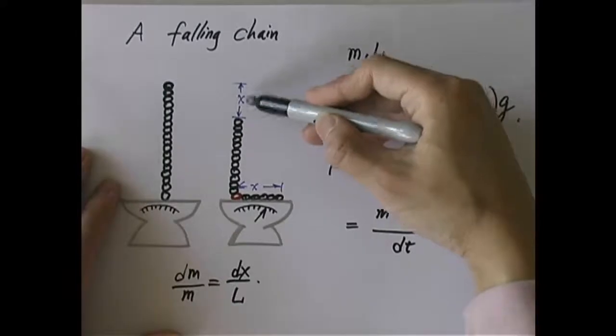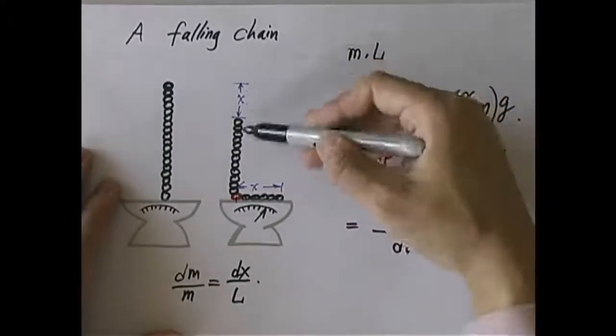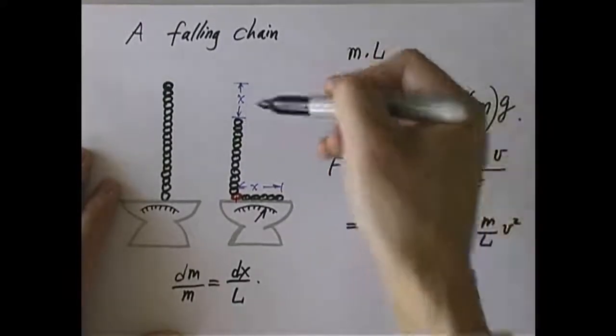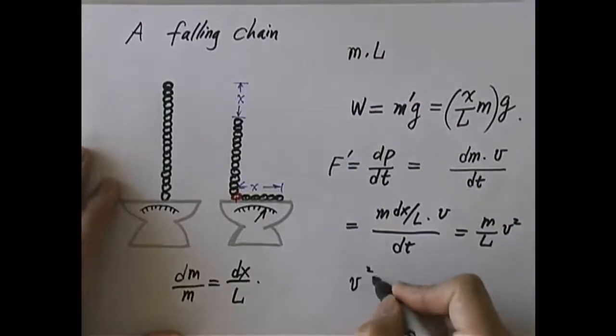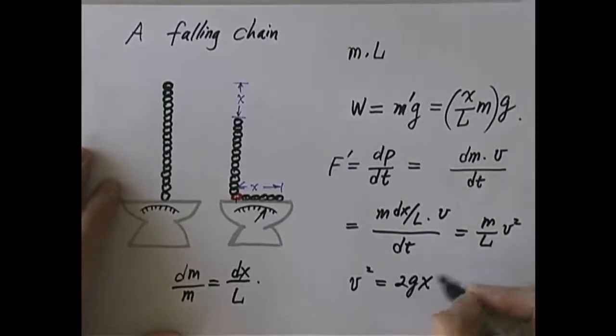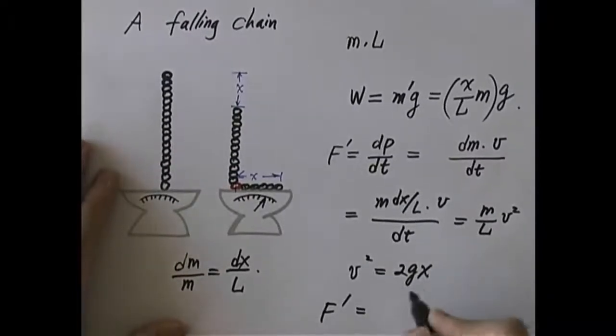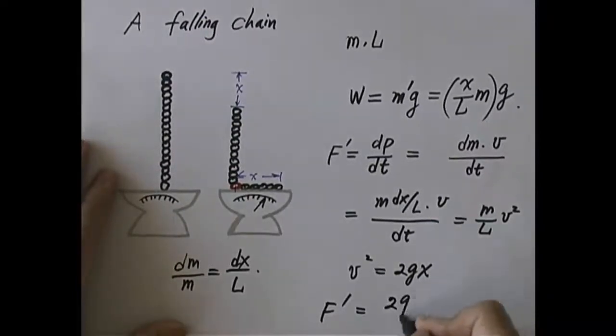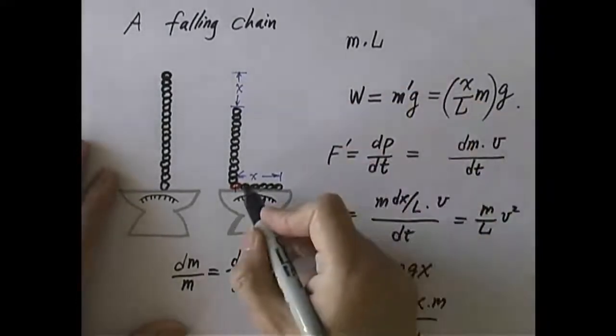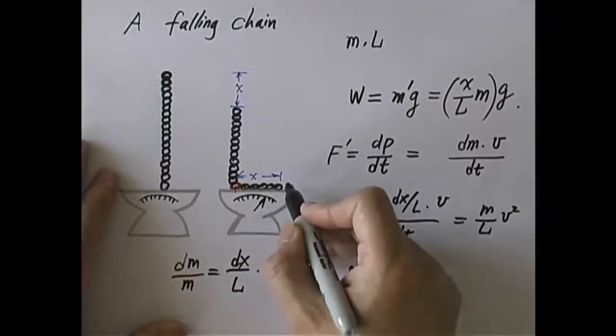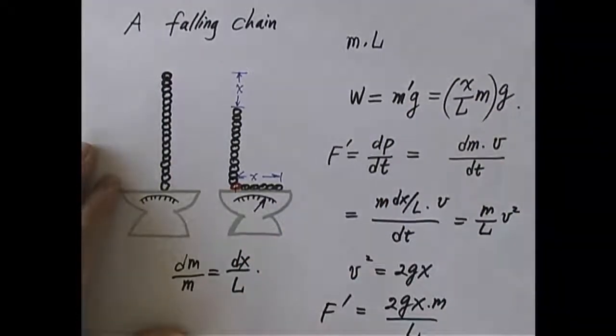What is v? v is the speed of the dangling part of the chain after falling a distance x, and that's a free fall, the top is in free fall, so v squared equals 2gx. You plug that in, f prime equals 2gxm over L. You add that to W, the weight of the part of the chain that's already on the scale, to get the total force.